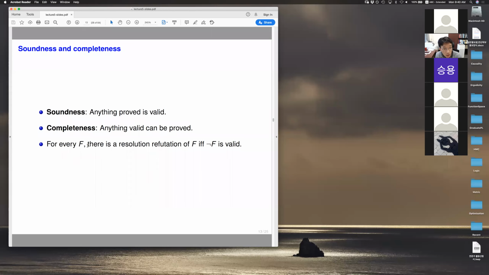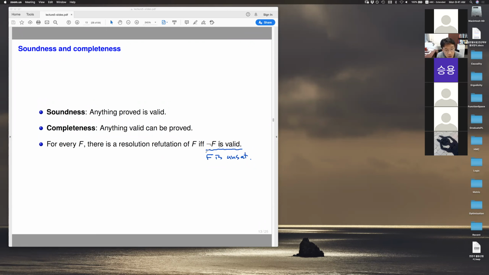In the case of resolution, although I wrote it in this validity form, I think the easier way to understand what really happened is that there is a resolution refutation of F if and only if F is unsatisfiable. So this is equivalent to saying F is unsat.